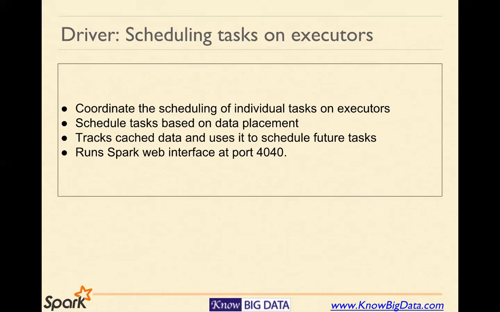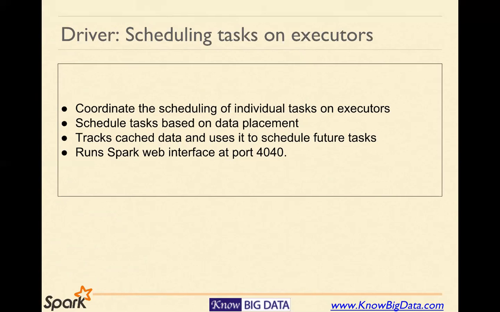Okay, so it schedules tasks based on data placement by coordinating with the resource manager again, and it tracks the cached data which is there on every machine. When we say rdd.cache, the driver makes a note that this piece of data is cached, and uses it to schedule future tasks. Okay, and it also starts Spark's web interface at port 4040.